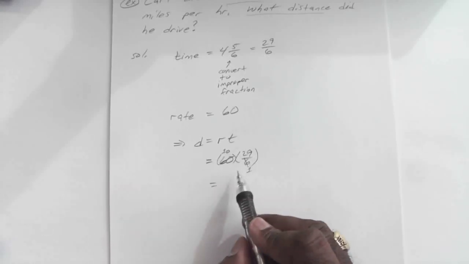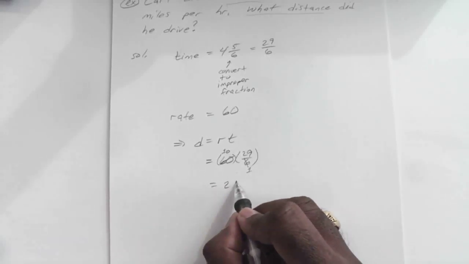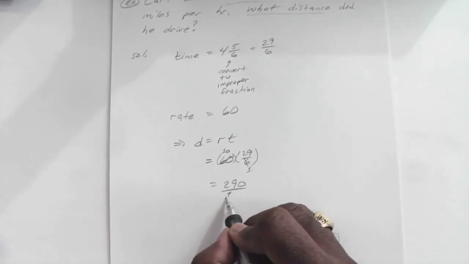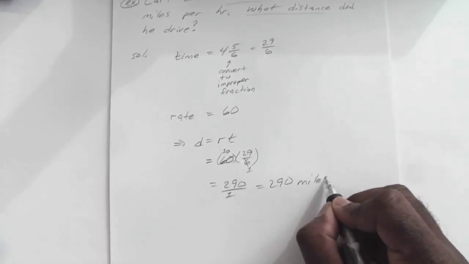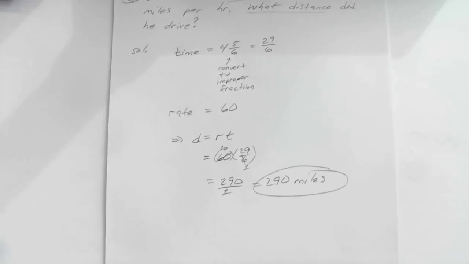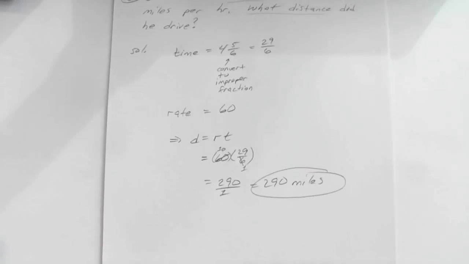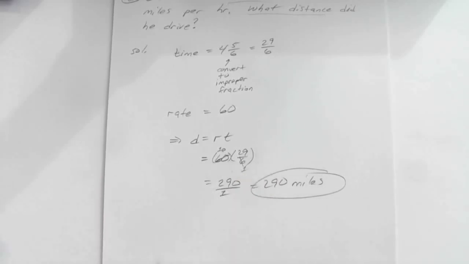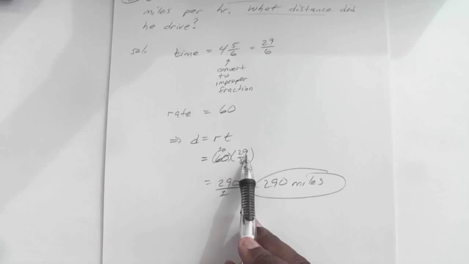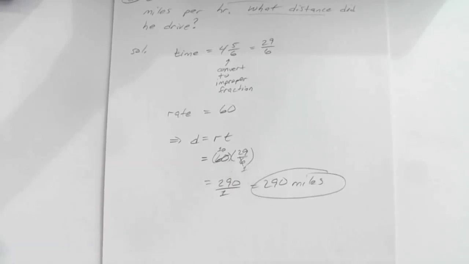So you have 10 times 29 over 1, which leaves you with 290 over 1, which is just 290 miles. All right. And remember, anything times 10 just moves the decimal to the right once. So 29 times 10 just gives you one extra 0.